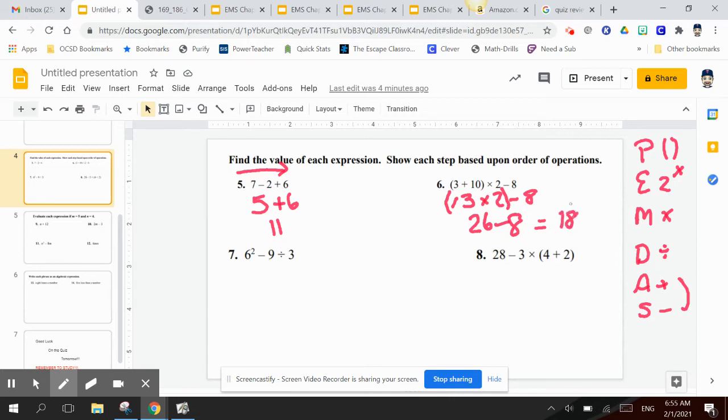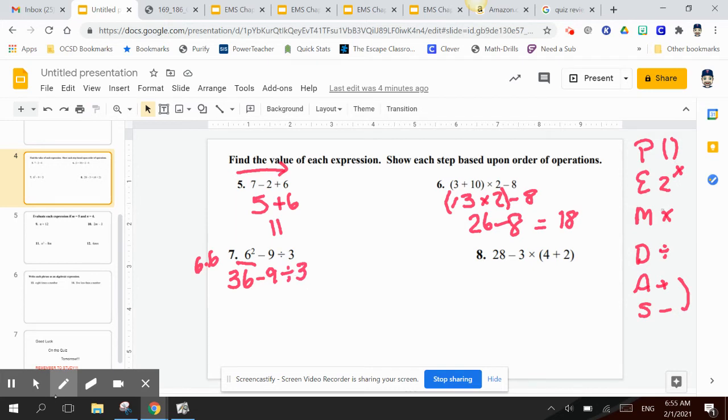Number 7, I have 6 to the 2nd power minus 9 divided by 3. So again, I go to my checklist. Do I have any parentheses? No. Do I have any exponents? Yes. So I solve this first. 6 to the 2nd power is 6 times 6, which is 36. 36 minus 9 divided by 3.